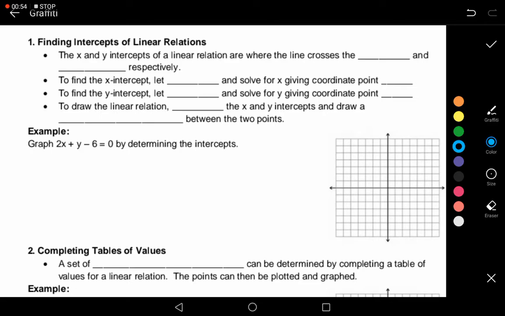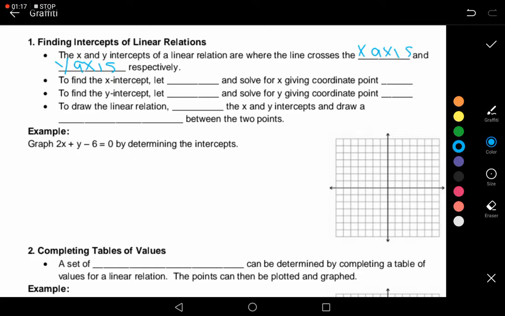Okay, so the x and y intercepts of a linear relation are where the line crosses the x-axis and the y-axis respectively. So obviously the x-intercept is where we cross the x-axis and the y-intercept is where we cross the y-axis.